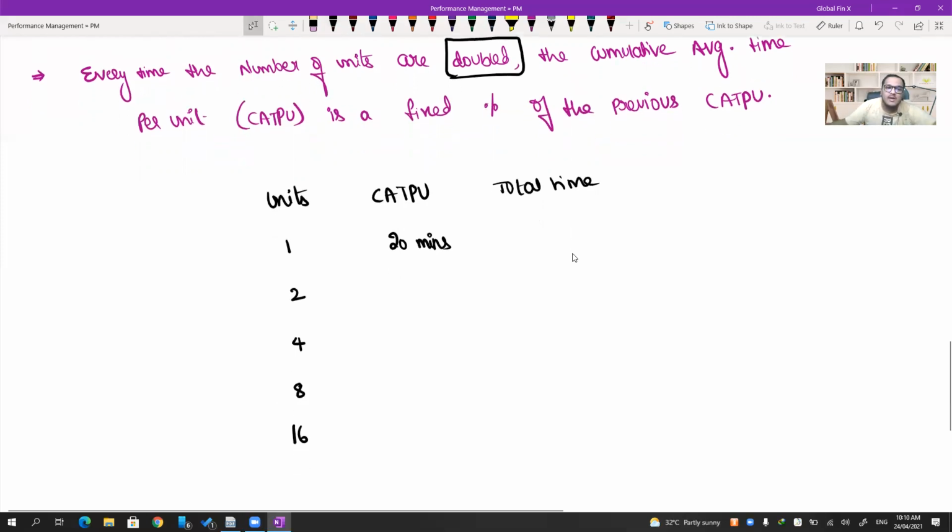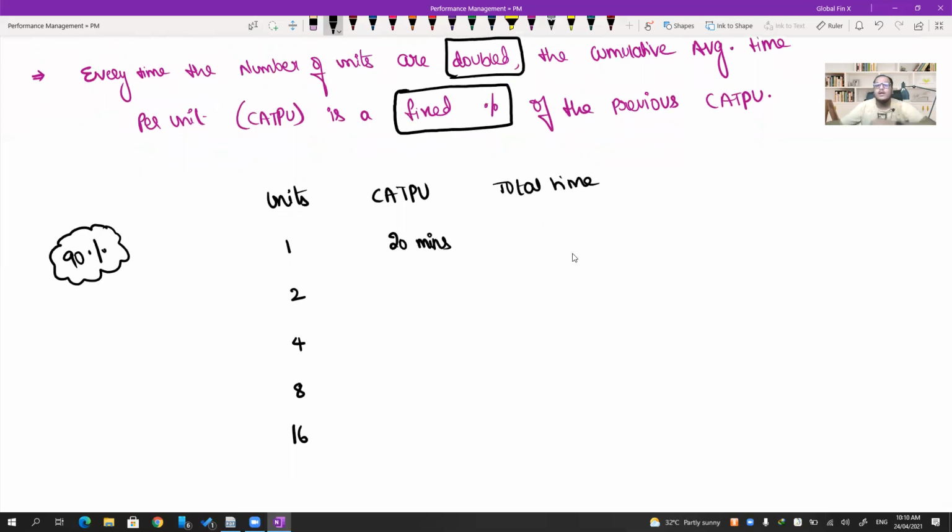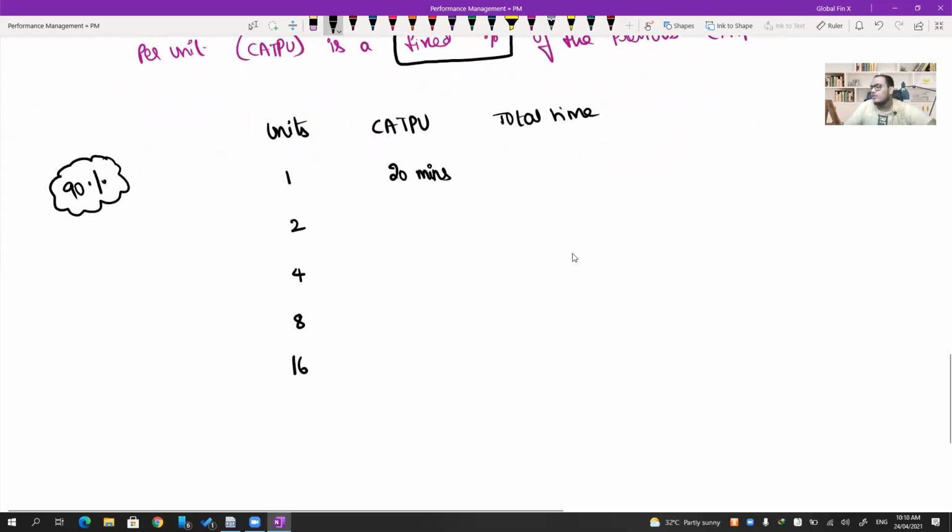So the cumulative average time per unit is a fixed percentage of the previous cumulative average time. Let's say the fixed percentage in this case is 90%. This all will be given to you in the question. Don't worry. So 90% of 20 minutes is how much?